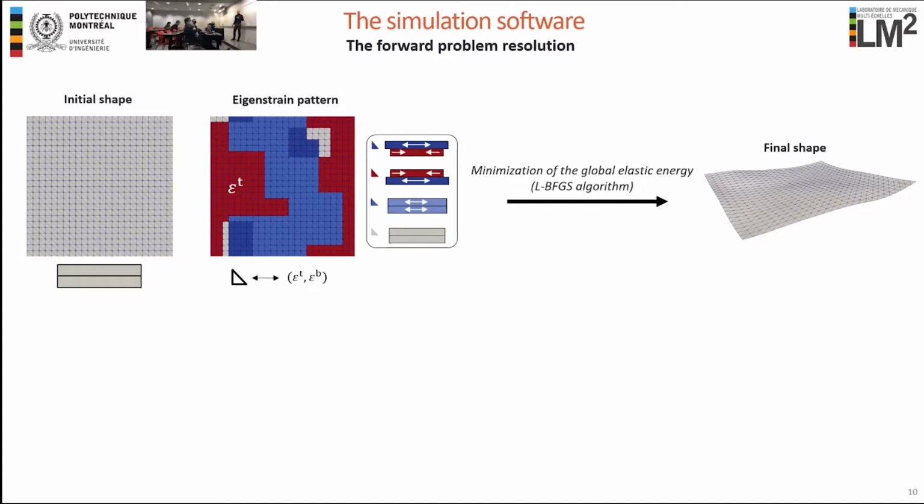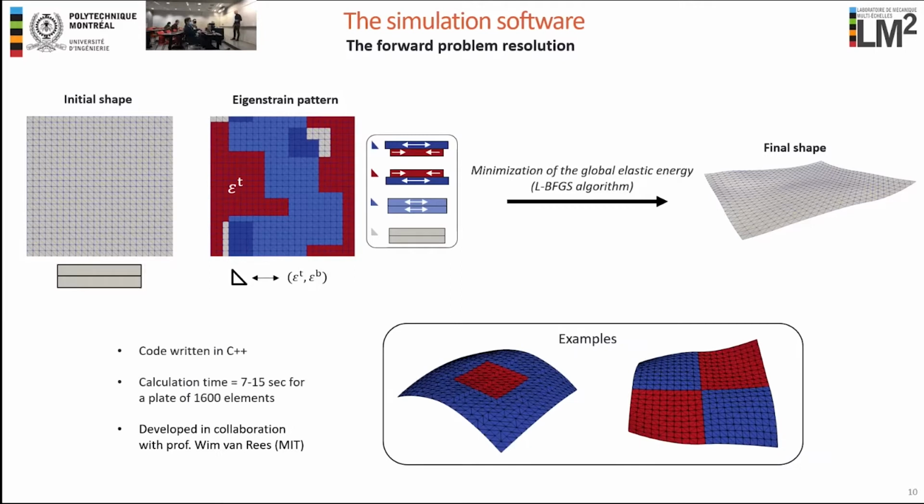So when the plate is loaded, we minimize its global elastic energy functional with respect to the coordinates of vertices in the mesh and with respect to the normal vectors. Numerically, we use the LBFGS algorithm in order to perform this large-scale minimization.